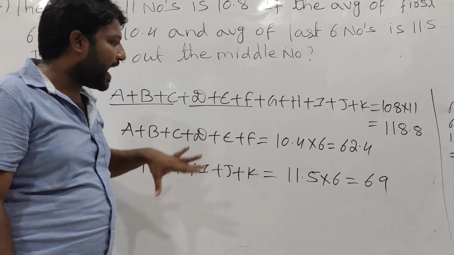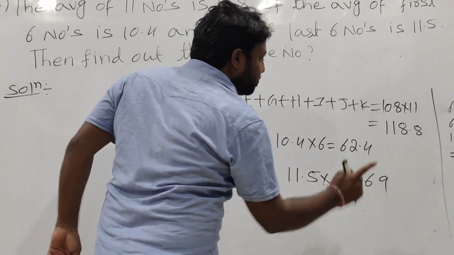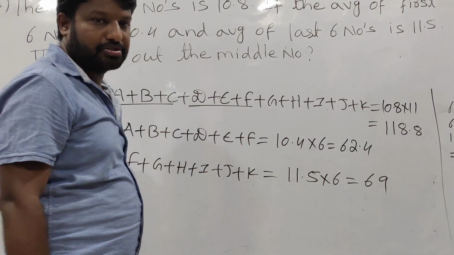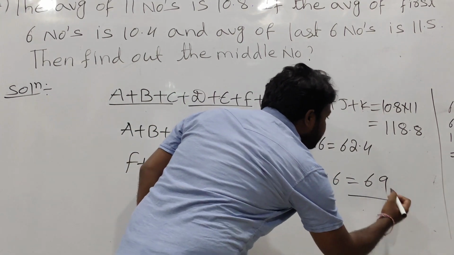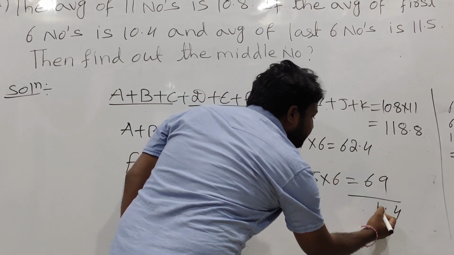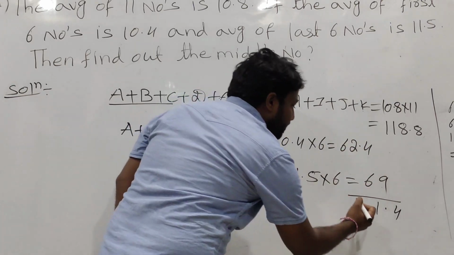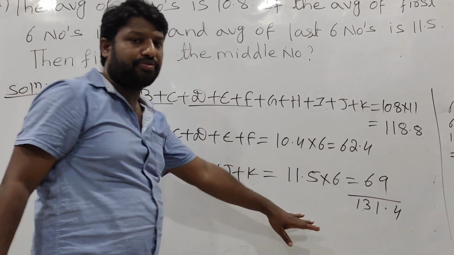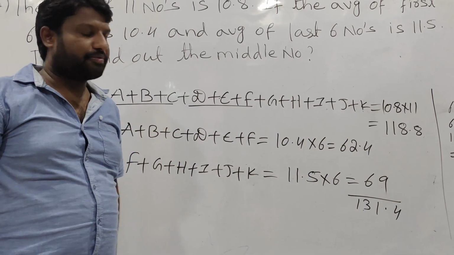Total is 12 numbers. If I add these, 62.4 plus 69, what will you get? 4 plus 0 is 4, 2 plus 9 is 11, 6 plus 6 is 12, plus 1. So it is nothing but 131.4. So sum of these numbers is 131.4.